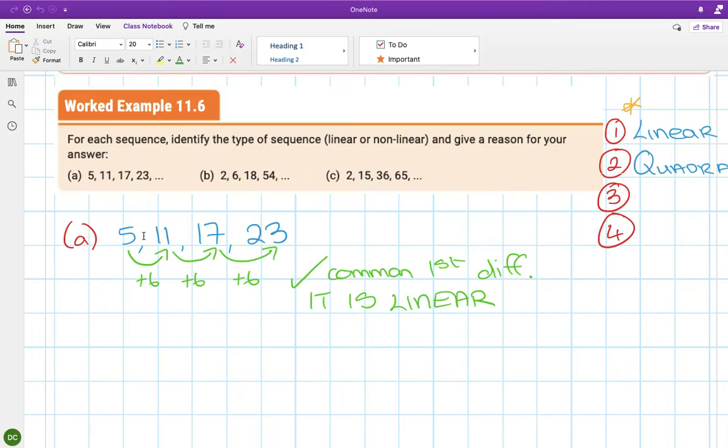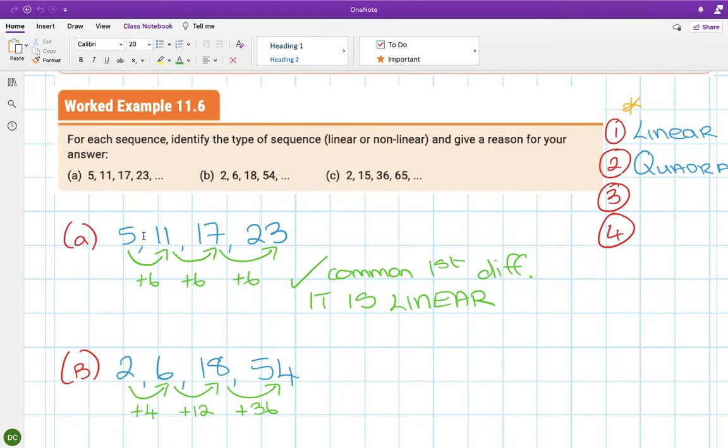Yeah? Let's look at the second one. So 2, 6, 18, 54. Okay, so let's look at the first difference. 2 to 6 is plus 4. 6 to 18 is plus 12. 18 to 54 is 36.